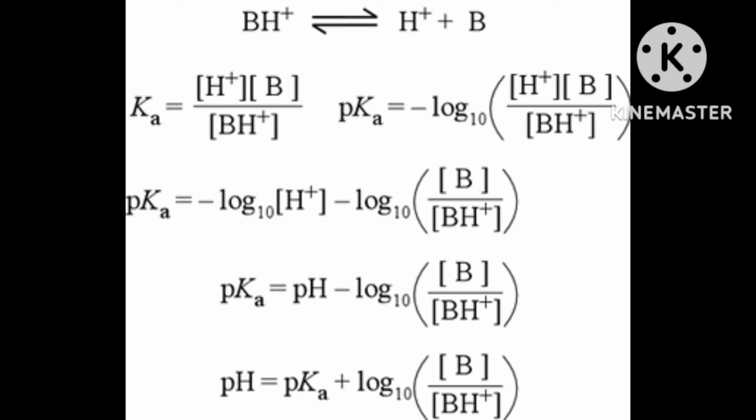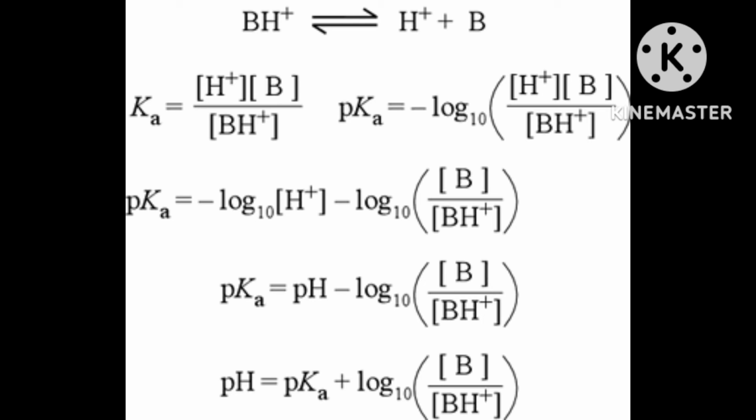That will be the upside. Then now you got pOH is equal to pKb plus log of the molar concentration of conjugate acid, that is BH plus, divided by base B, capital B.